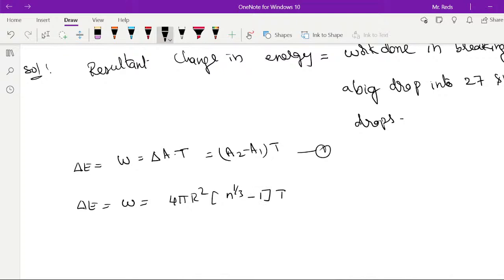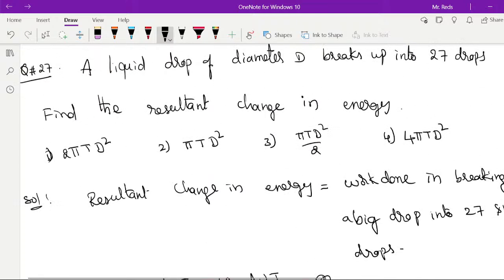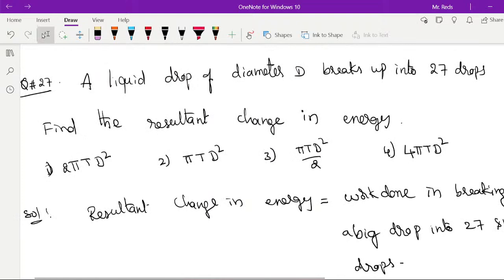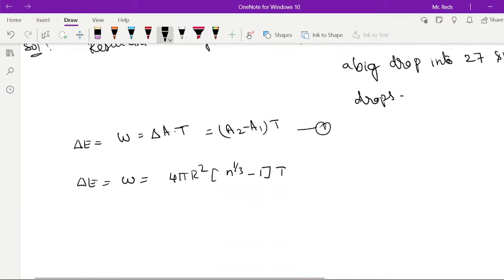Here radius is not given, diameter is given in the question. In terms of diameter d we want it, and the number of drops is given as 27. So we take r equal to d by 2, and n equal to 27.